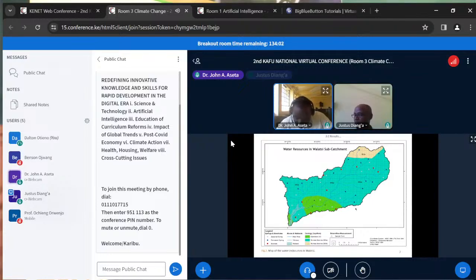Number 4, where else is the model utilized? And also, figure 9, what were some of the causes of water decline in that area? If you can repeat the last one. What were some of the causes of water decline in that area?